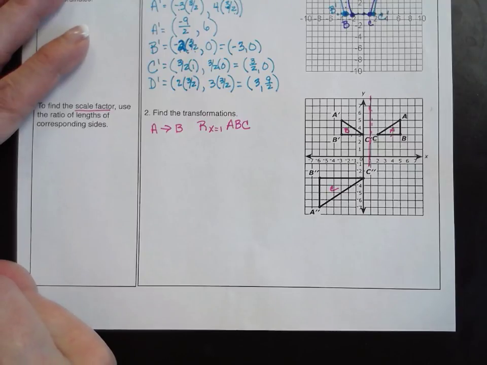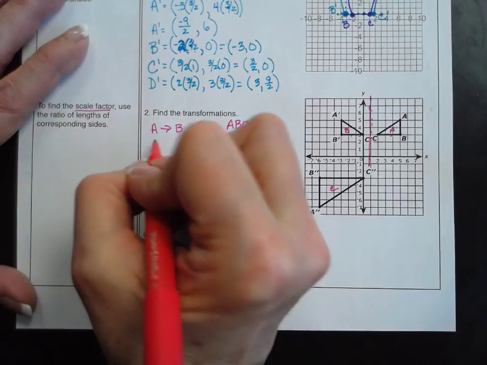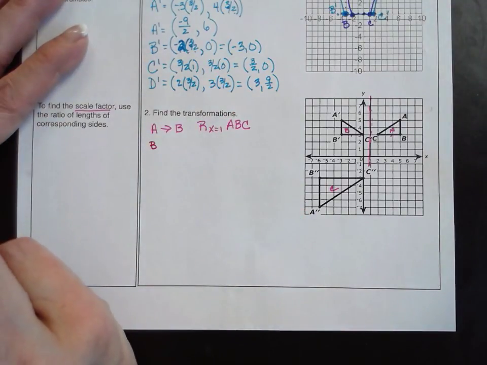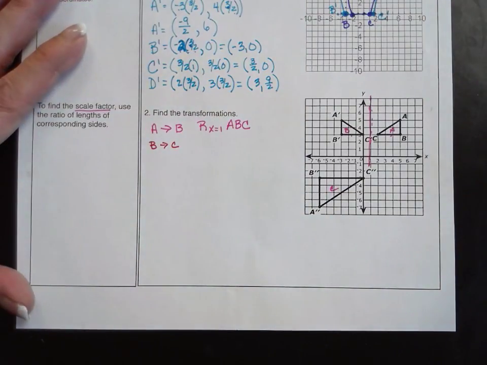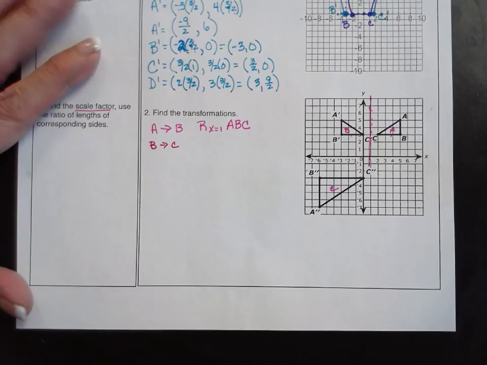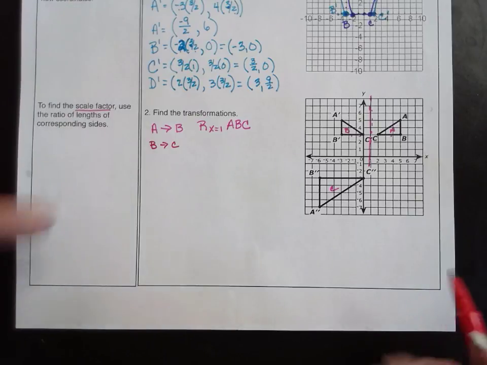Okay. Now let's do from B to C. Is it bigger or smaller? So it's a dilation, right? Okay.